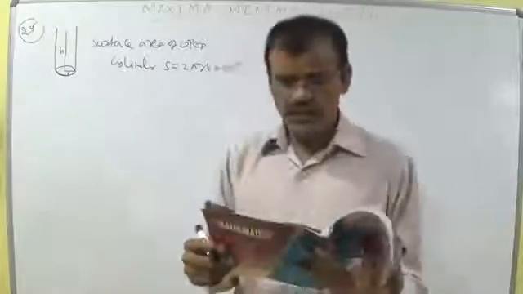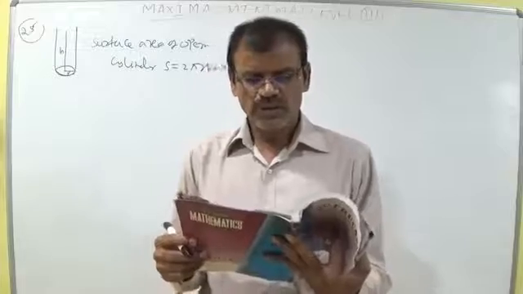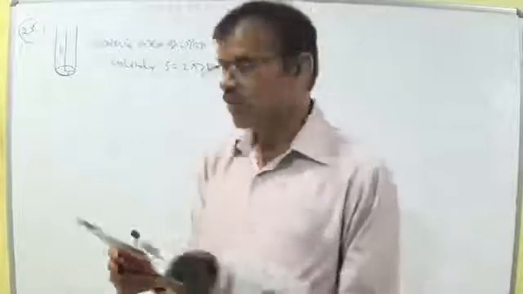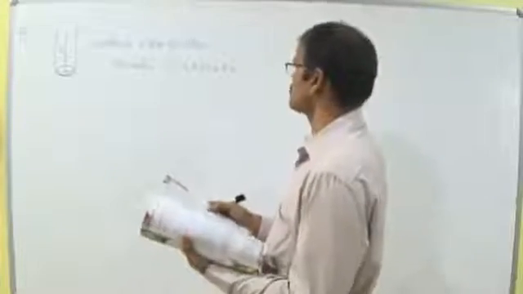Now, for the open cylinder of given surface area with maximum volume, the volume of the cylinder formula is V is equal to pi r square h.